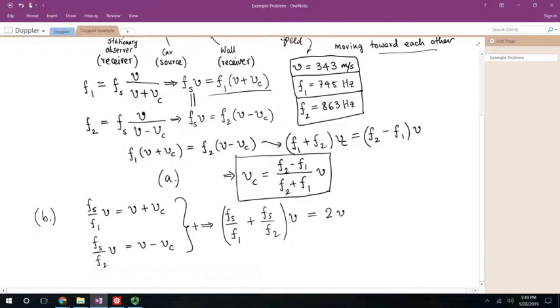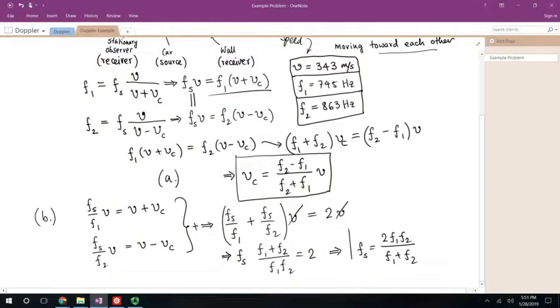So again, the other added benefit is that V will cancel from these two sides. So I can just factor out the Fs, and if I do that, within the parentheses, I get (F1 plus F2) divided by F1 F2, and that is equal to 2. And then it's easy to simplify this, and we find Fs is equal to 2 times F1 F2 divided by (F1 plus F2).